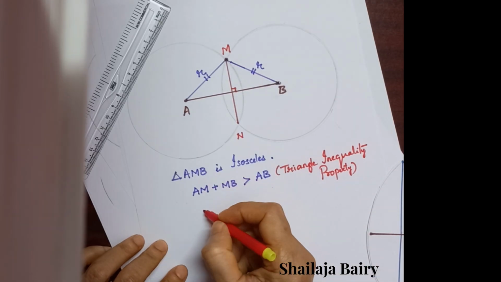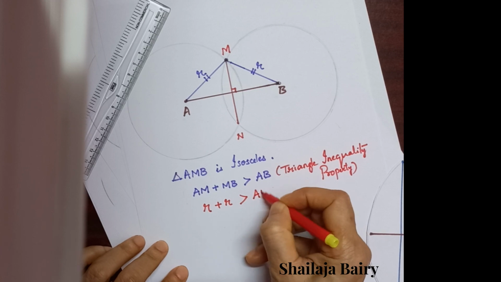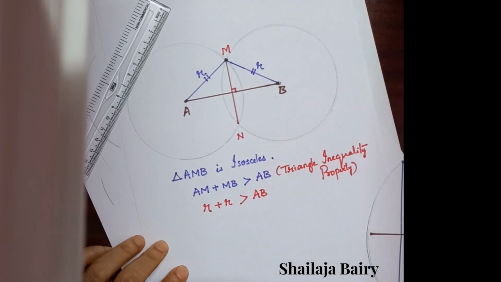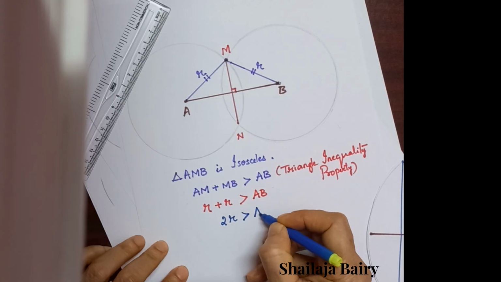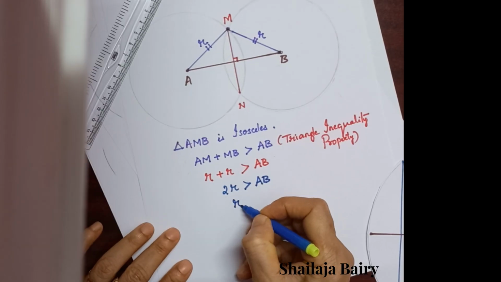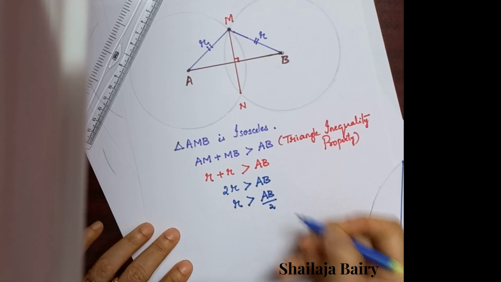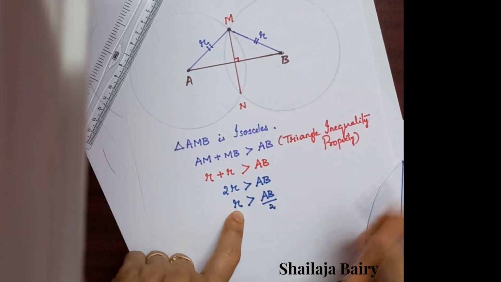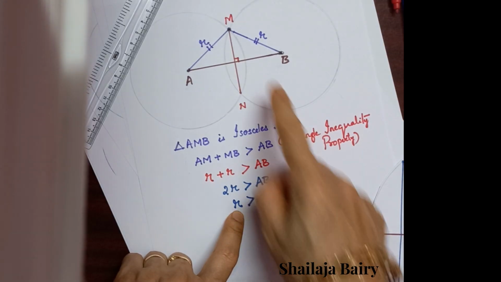So AM is R plus R is greater than AB. This indicates 2R is greater than AB. So R is greater than AB by 2. So that is the reason we are taking the radius more than half of AB.